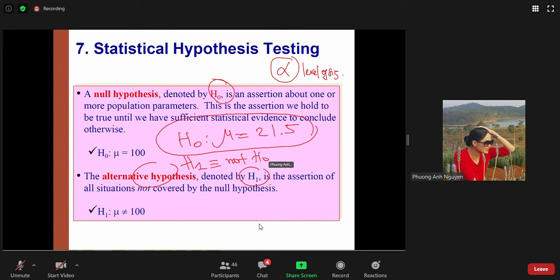In this case, mu is different from 21.5.